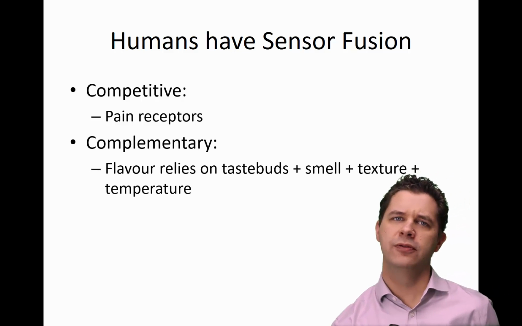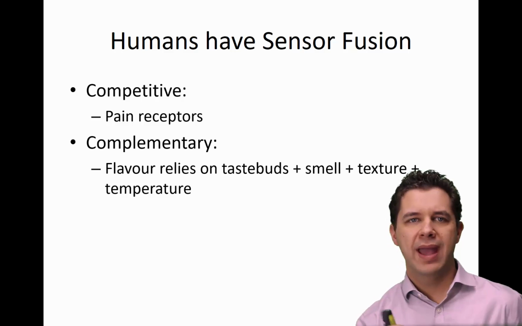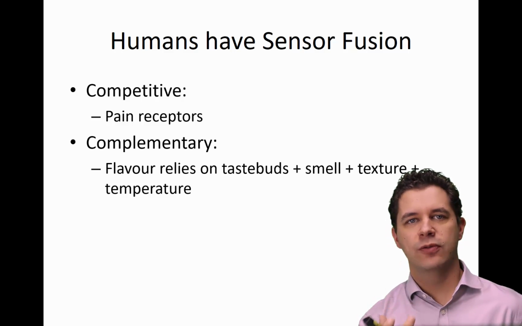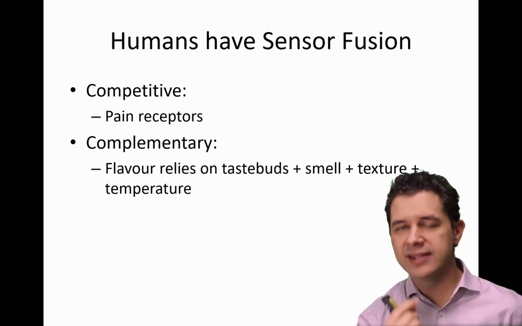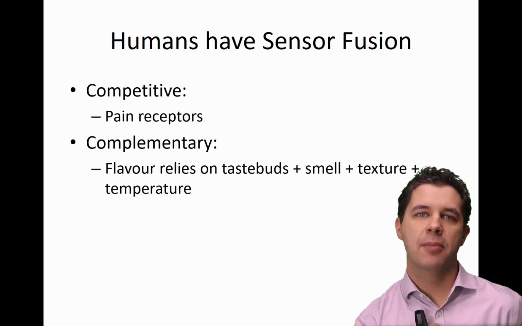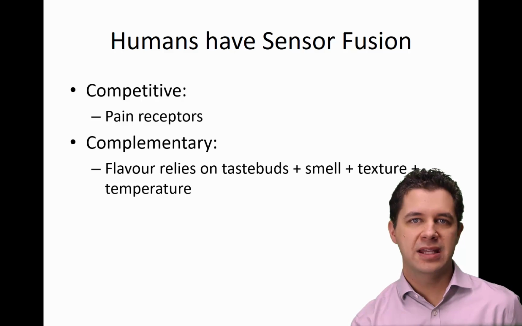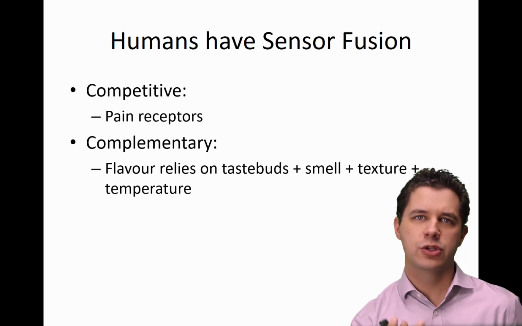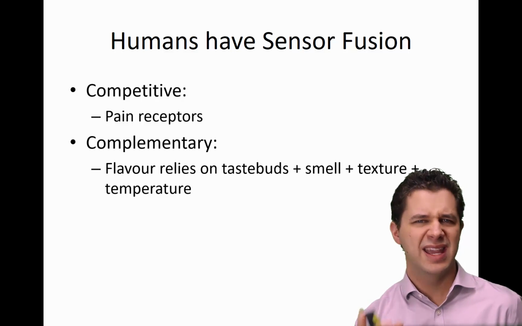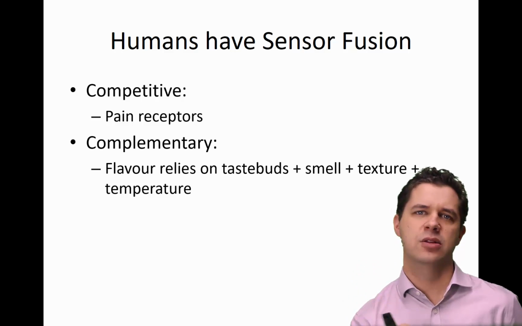We also have complementary fusion. When we're measuring taste or flavour, it doesn't just rely on our taste buds. It's based on taste buds plus our smell, plus the texture of the food, plus the temperature of the food. If you try to eat some food when you're feeling sick and your nose is all blocked up, you know it tastes a bit different and not normal.